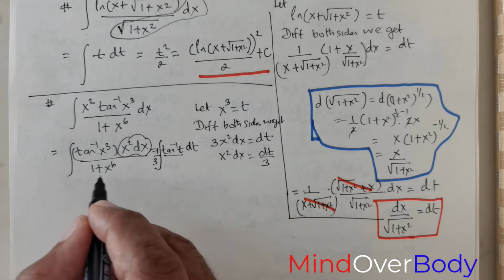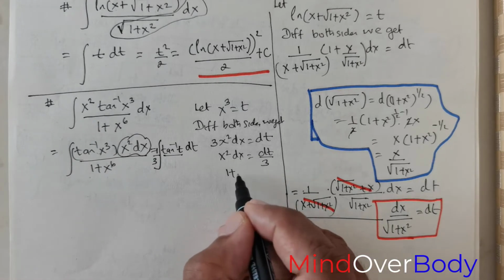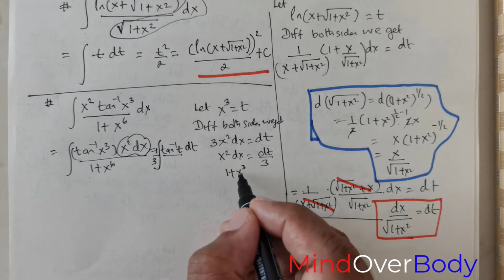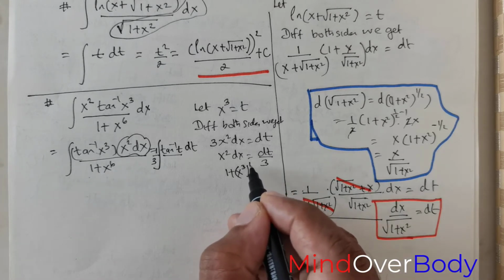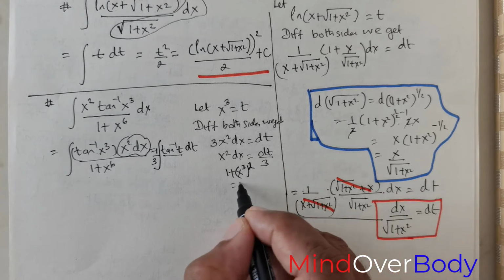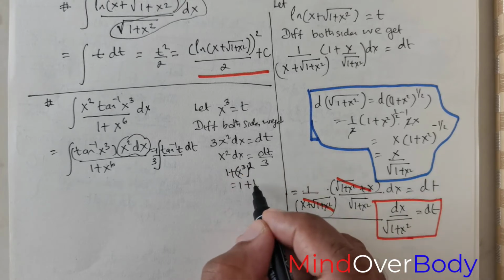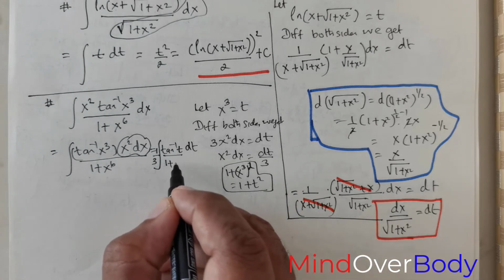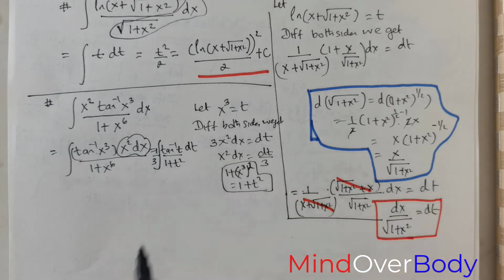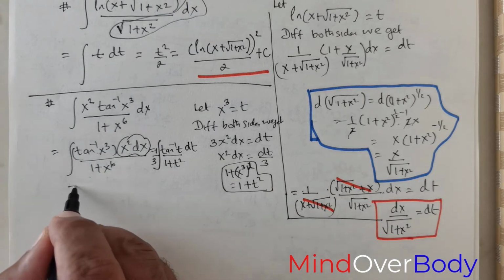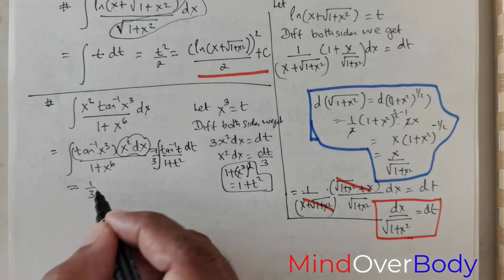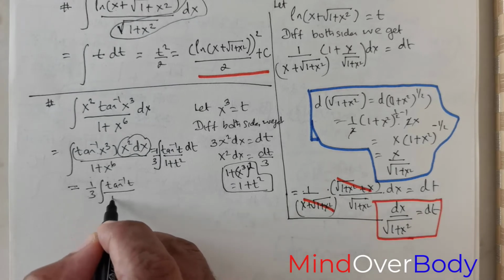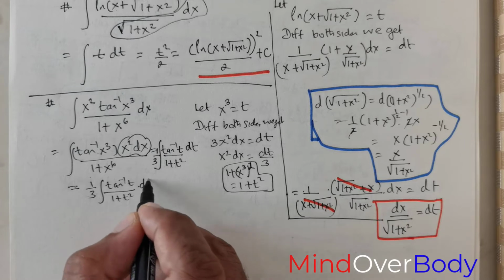And 1 plus x raised to the power of 6 can be written as 1 plus x cubed raised to the power of 2. Since x cubed is t, it is going to be t squared. So that's exactly what I'm going to substitute here, 1 plus t squared. If I were to rewrite this, it is going to be 1 over 3 integral of tan inverse of t over 1 plus t squared times dt.